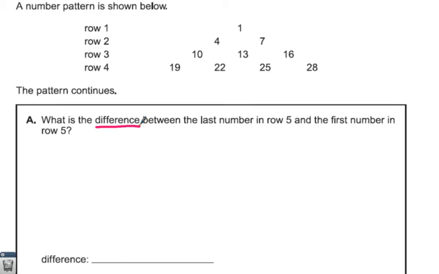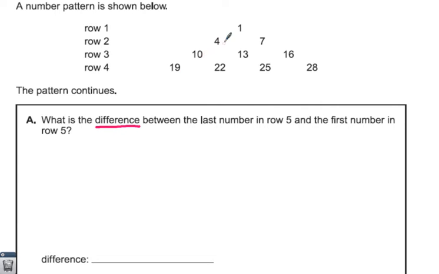So maybe you'll notice that in row 1 there's one number, in row 2 there's two numbers, in row 3 there's three numbers, and so on and so forth. As we increase the row, we get an extra number in the row. So row 5 is going to have 5 numbers.